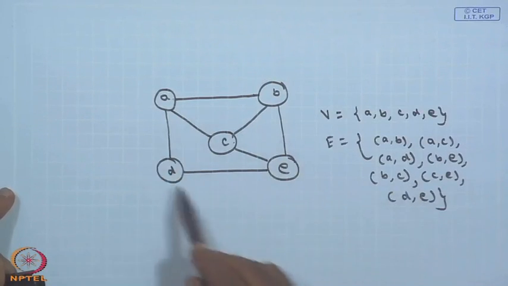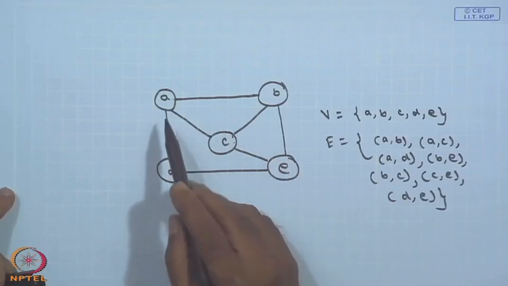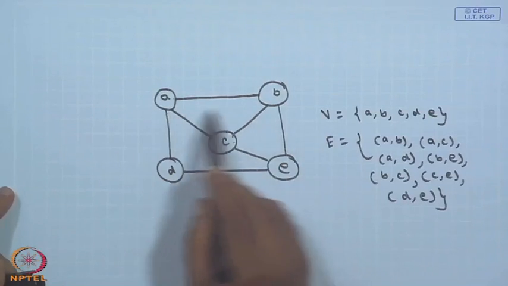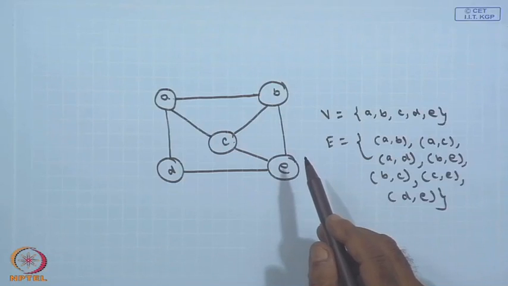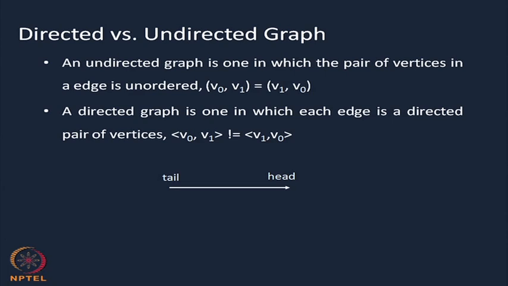So if you draw any graph, there will be a set of vertices and a set of edges like this. The next topic is what a directed graph is and what an undirected graph is.